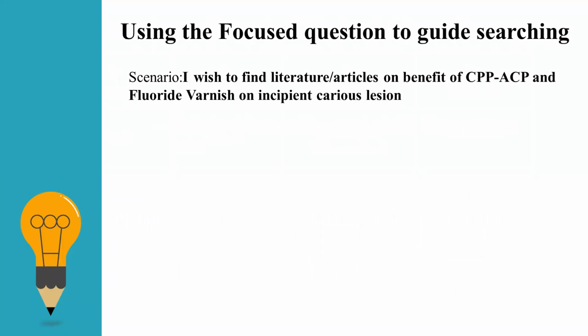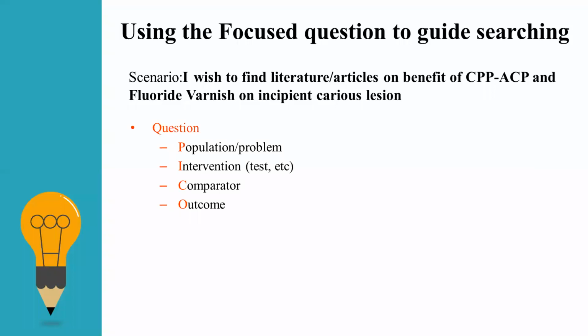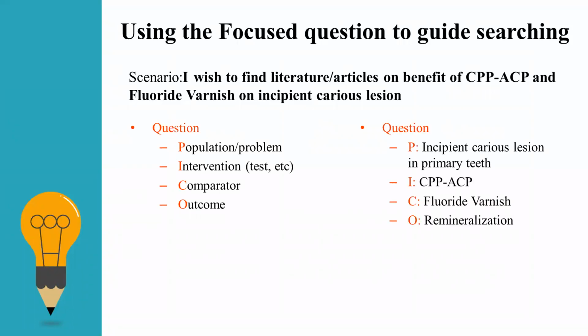So using the focused question to guide searching, let us start with the scenario which I had stated, that I wish to find literature on benefit of CPP-ACP and fluoride varnish on incipient carious lesion. So let us formulate PICO for this. P is incipient carious lesion in primary teeth.